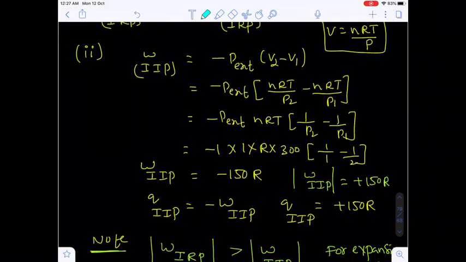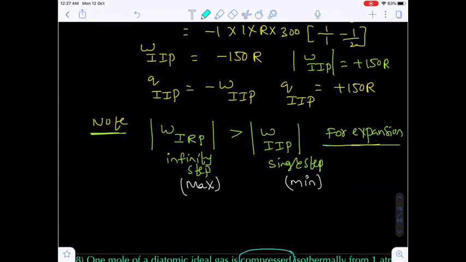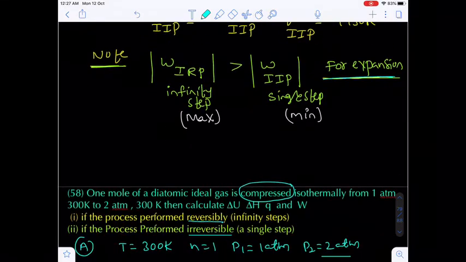In the previous case, the work done in isothermal reversible expansion is greater than the work done in the isothermal irreversible process. This is valid for expansion of the ideal gas.